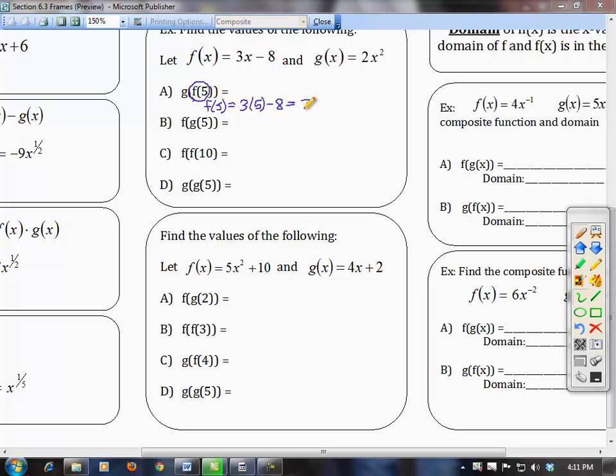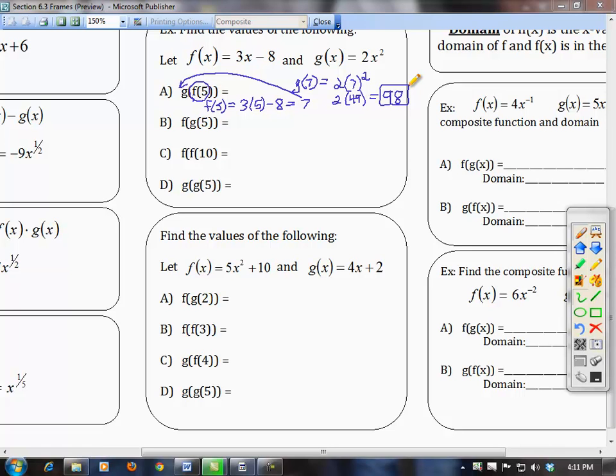Now this 7 is what I'm going to put into my g function. So I'm now going to look at g of 7, and I'm going to say, well, 2 times 7 squared, well, 7 squared is 49, so 2 times 49 is 98. And 98 is our final answer.